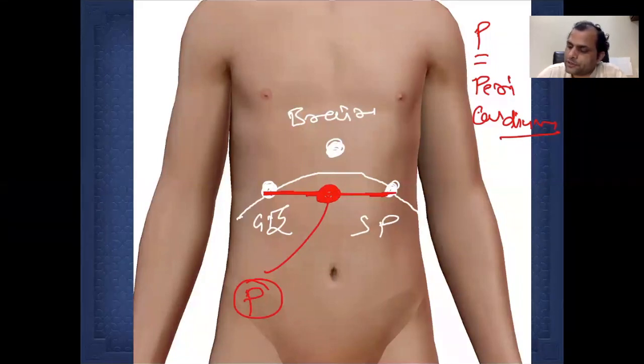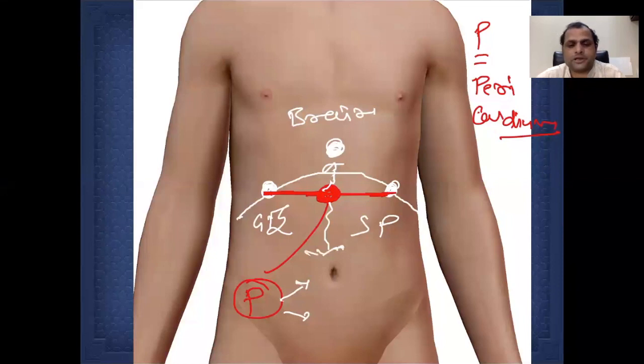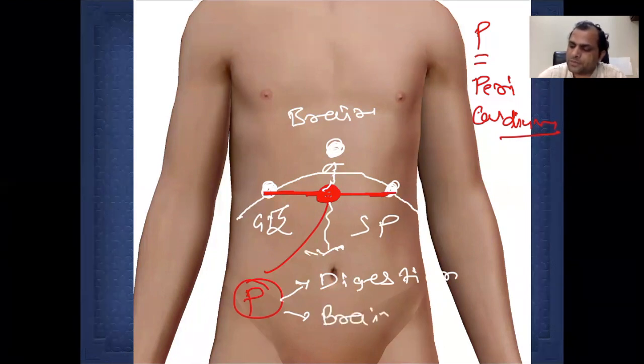If someone is suffering pain in the pericardium, because pericardium is connected with the brain, and also pericardium is connected with digestion, it's very clear, number one, the person has a digestive disorder, maybe gas, acidity, indigestion, and second, he's also suffering a brain problem, meaning anxiety and something like that.